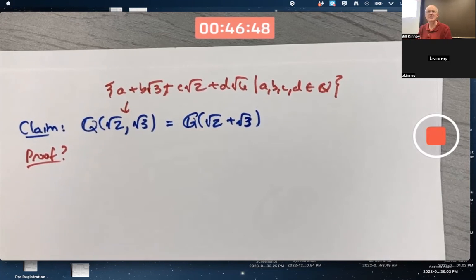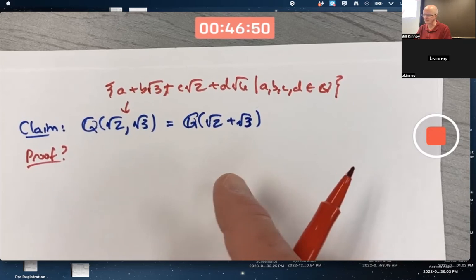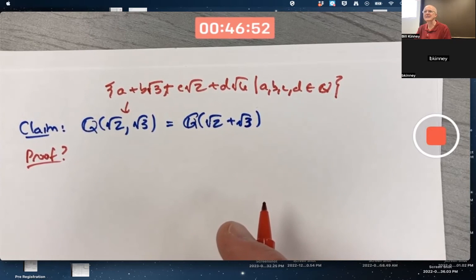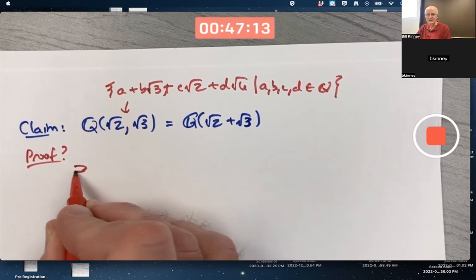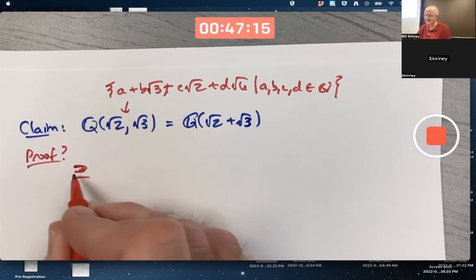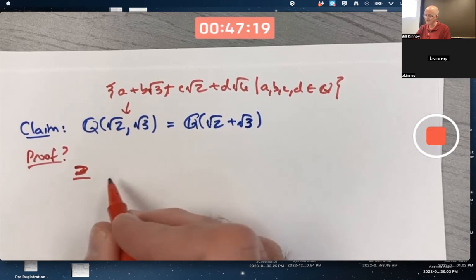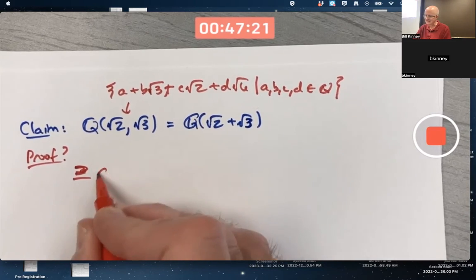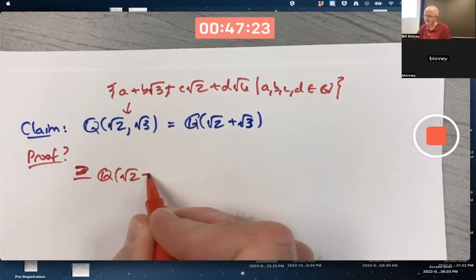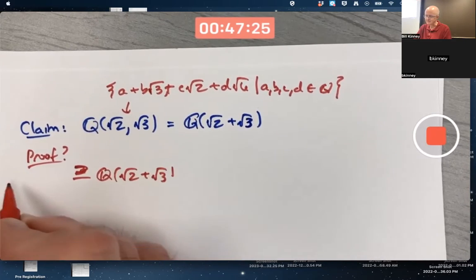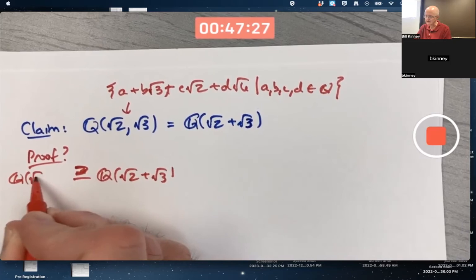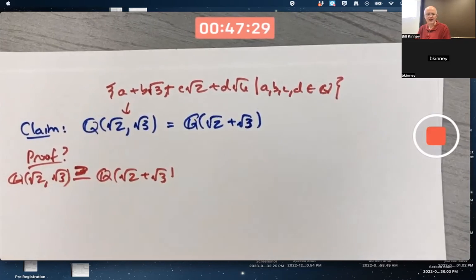How do you use the definition to prove these are equal? One inclusion is definitely easier than the other. This inclusion is the easy one. Prove that this set is a subset of this one. How do you prove it?